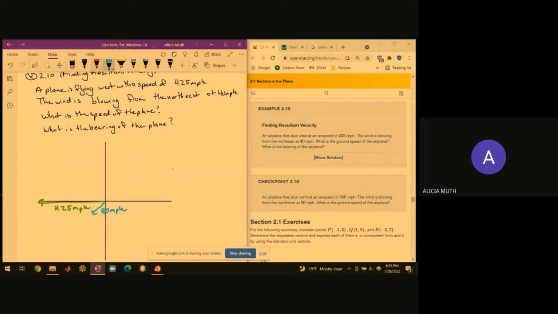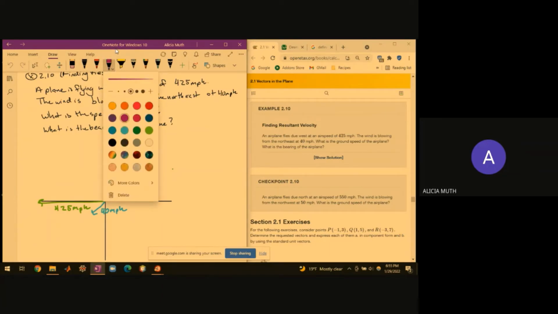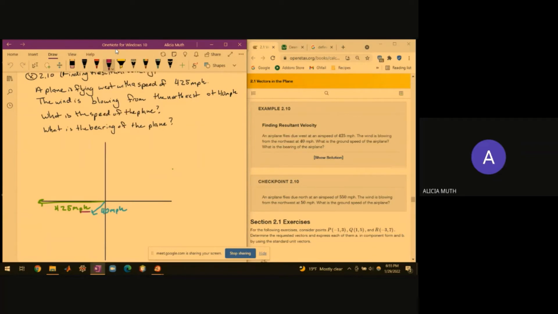And if we remember the parallelogram method, or whichever one you're more comfortable with, keep in mind that basically what we're trying to do here is figure out the resultant. And so visually, the wind is going to throw it off track about that much.